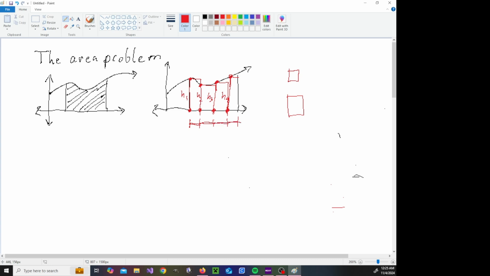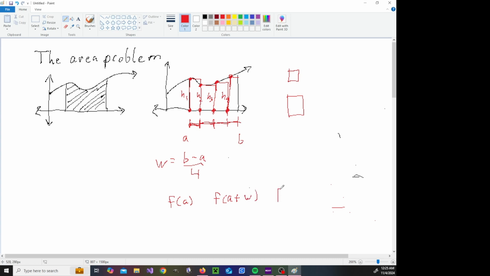So if this is a and this is b, my width here is going to be b minus a, the length of that interval, divided by 4. That gives me the width of each rectangle, but it also tells me exactly how to move forward from each piece to the next. So the height of the first rectangle would be f of a. The height of the second rectangle would be f of a plus my width.